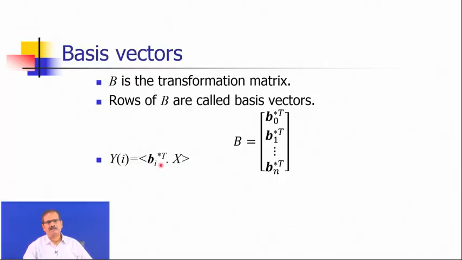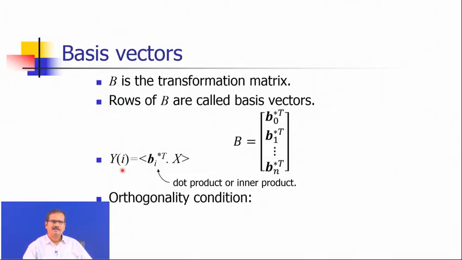When we perform this dot product or inner product between two vectors, then you get the corresponding element. So, the ith basis vector provides you the ith element of the transformed vector, which is y here.